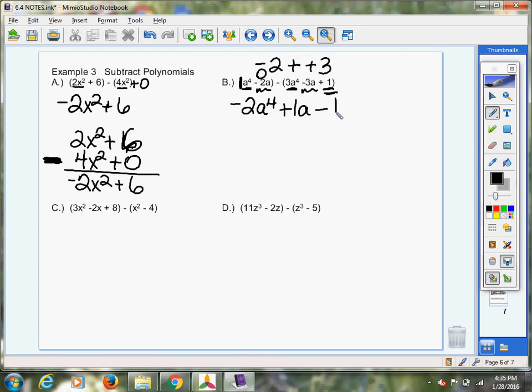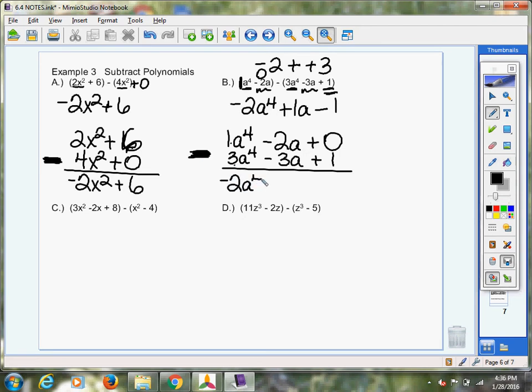Now, if you're stacking, then we want to show all of our coefficients. So there's 1a to the 4th minus 2a plus 0. And then we're going to put a big fat subtraction sign there. And then we're going to do 3a to the 4th minus 3a plus 1. You're going to do the same thing. Each column will undergo subtraction. 1 minus 3, that's negative 2a to the 4th.